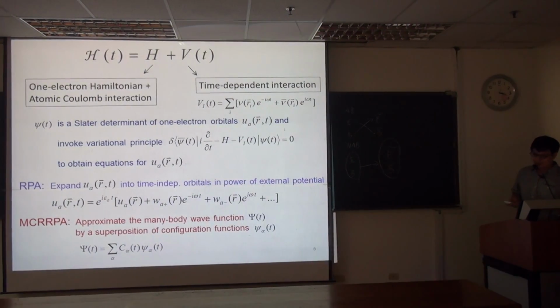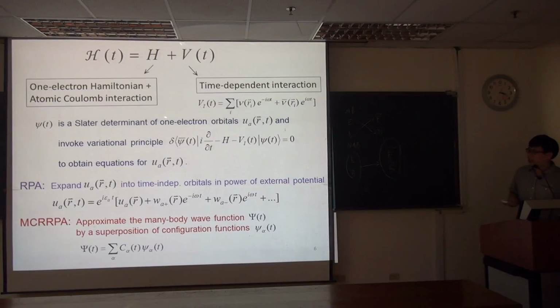For time-dependent Hartree-Fock, we can set the wave function as the Slater determinant of all one-electron orbitals like 1s, 2s, and we can invoke the variational principle to get a stable state, and then we can derive the equations for those one-electron orbitals.